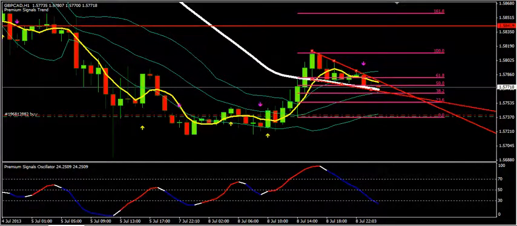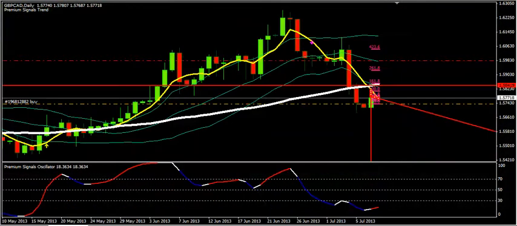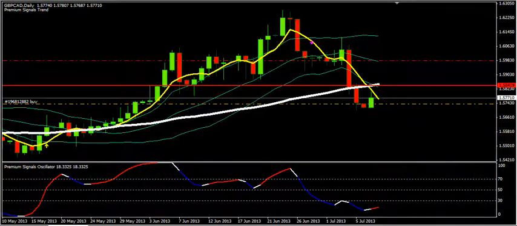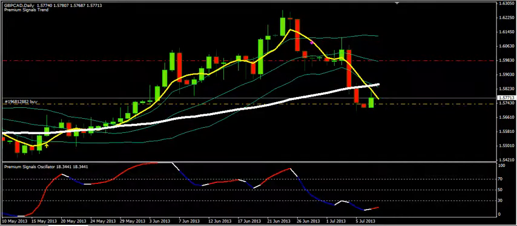So if you look back, let me get rid of some of these indicators here. So as you can see, we have a downtrend coming down right here.